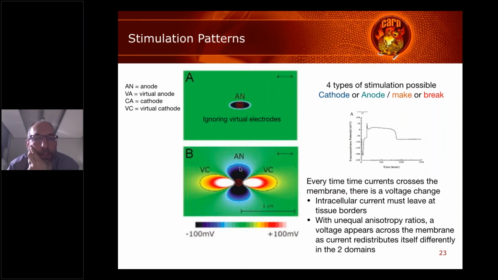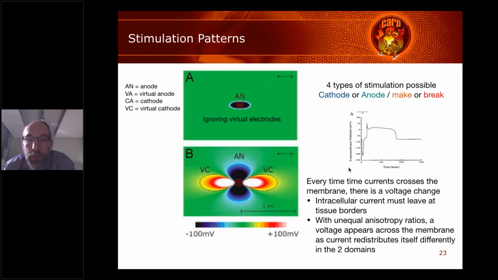So under the anode, we have the true anode hyperpolarization, but we also have this depolarization. And where does that normally occur? Normally that occurs at the cathode. So they called it a virtual cathode because it was a depolarizing influence.